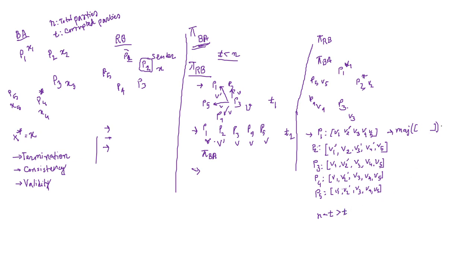Only then will this majority voting give you the expected output, with which all the honest parties started the protocol, to ensure the validity property. For that you need n to be greater than 2t, or in other words t to be less than n by 2. Only then, having a reliable broadcast protocol, can you achieve a Byzantine agreement protocol.